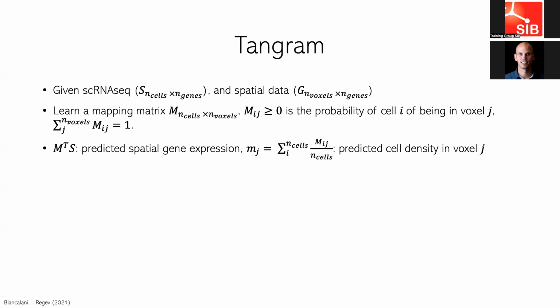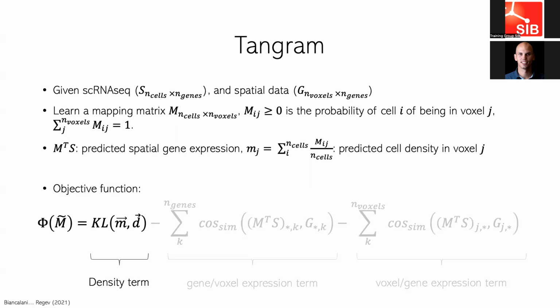In the locations, you have this vector m_j, which is the division of this mapping probability by the total number of cells. You can see this for every voxel as the density of the cells at this voxel. So it's basically: do I have a high probability for many cells to map to this particular location, or only one cell has a high probability to be mapped to this location?